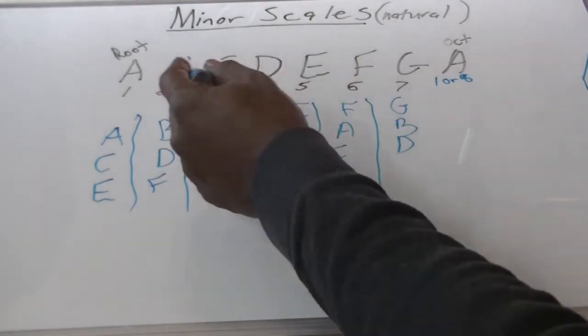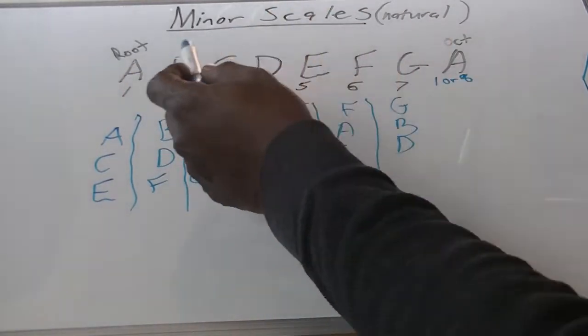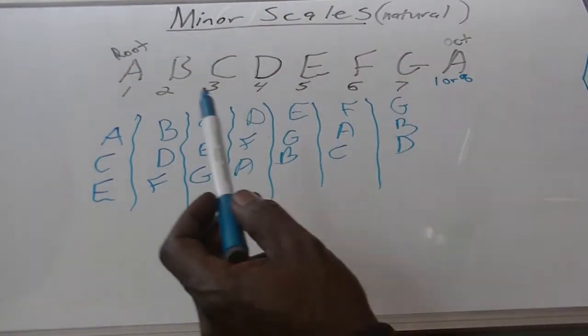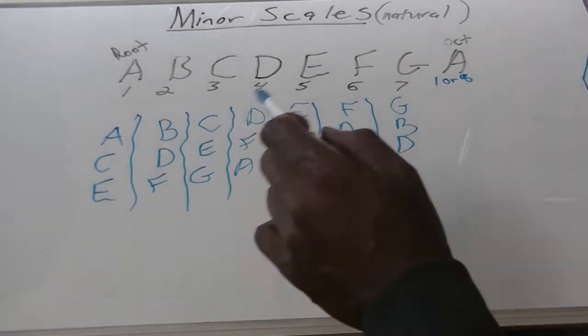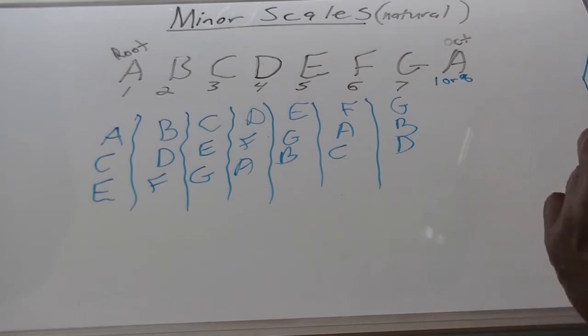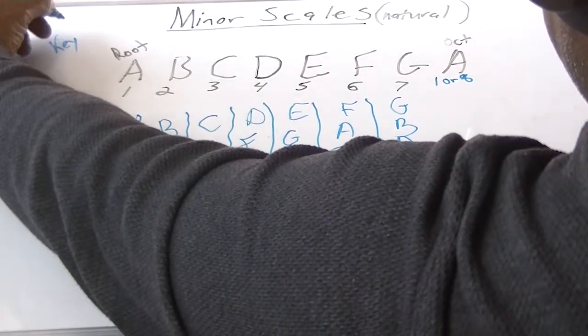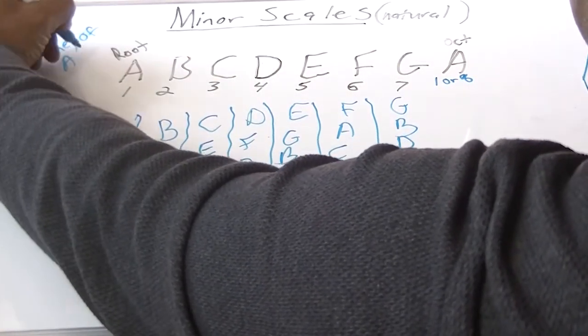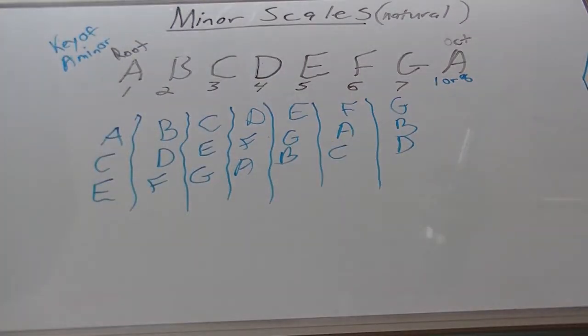And these notes of the scale, along with the melodies we can create using the notes of the scale, and along with the different ways we can arrange the chords to make songs, makes up what's known as the key of A minor. So this is what we have here. We have the key of A minor.